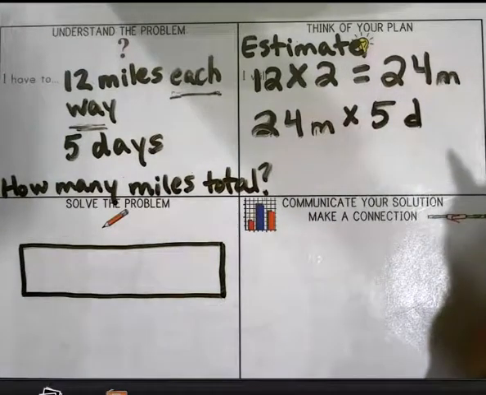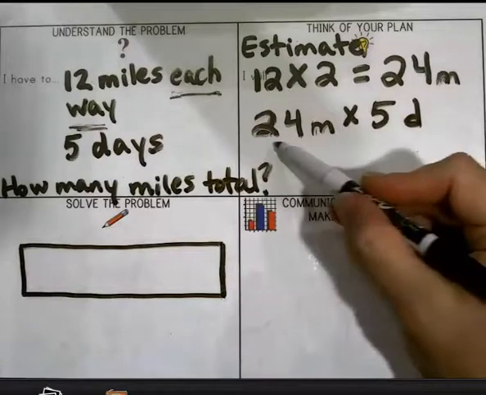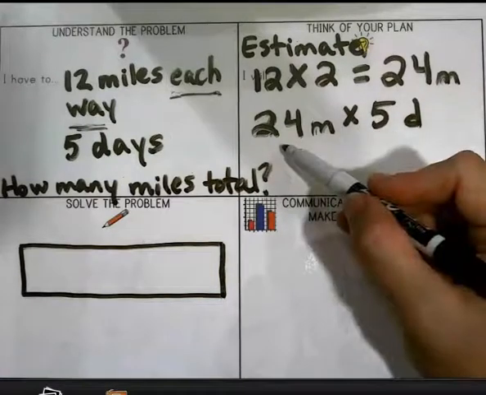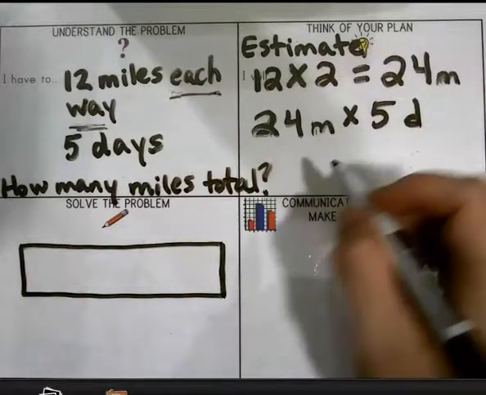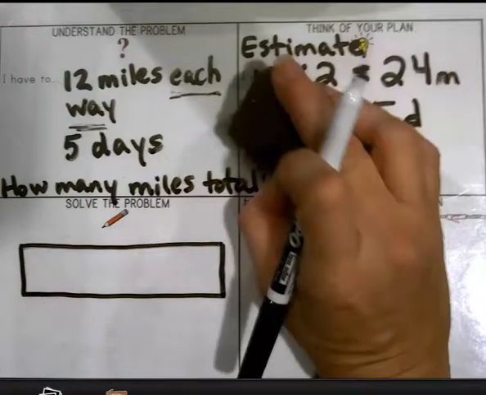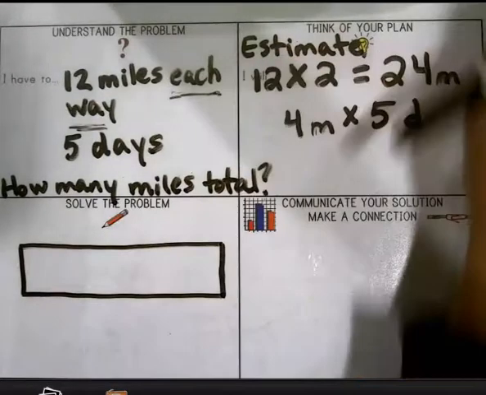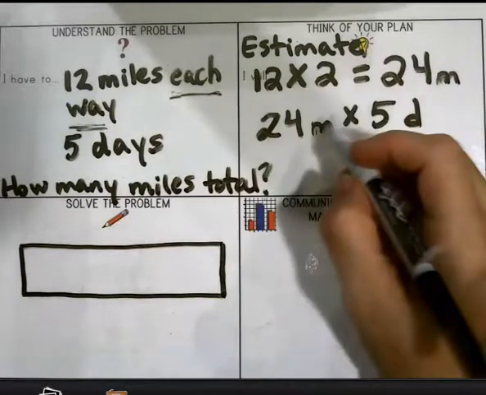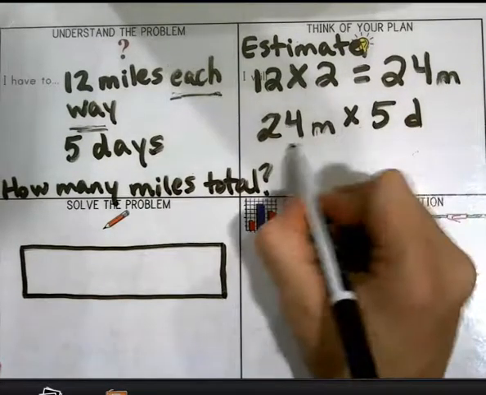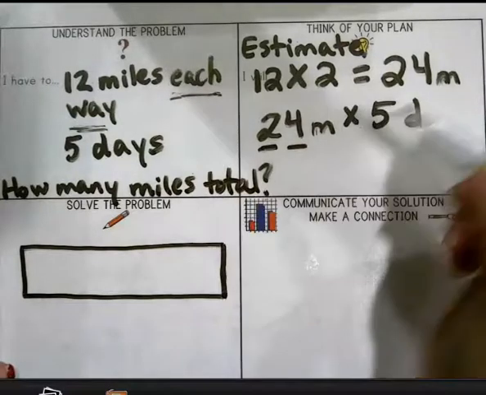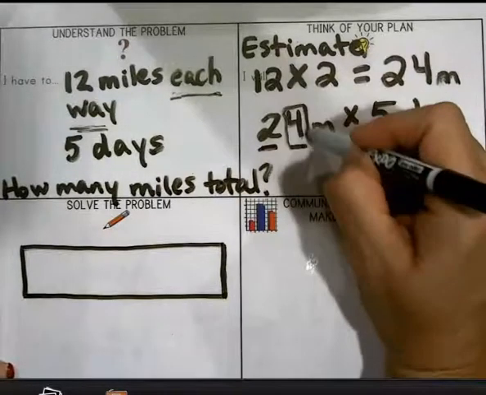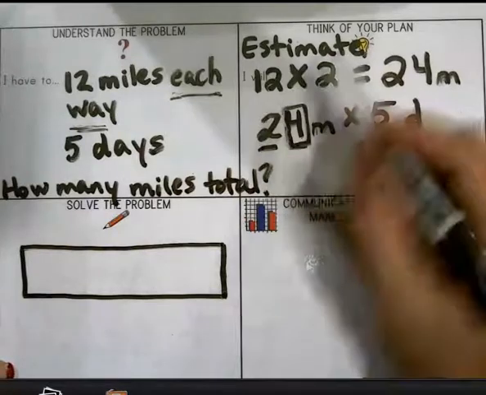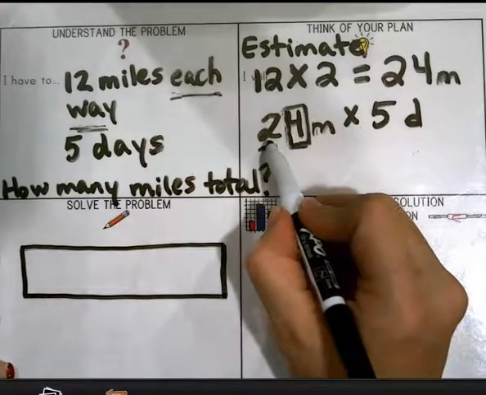Okay. So my estimate here, I'm going to round. This 2 looks funky. Hold on. I am going to round to the tens place. All right, so I'm going to look at the 4, and it tells me my 2 stays on the floor.